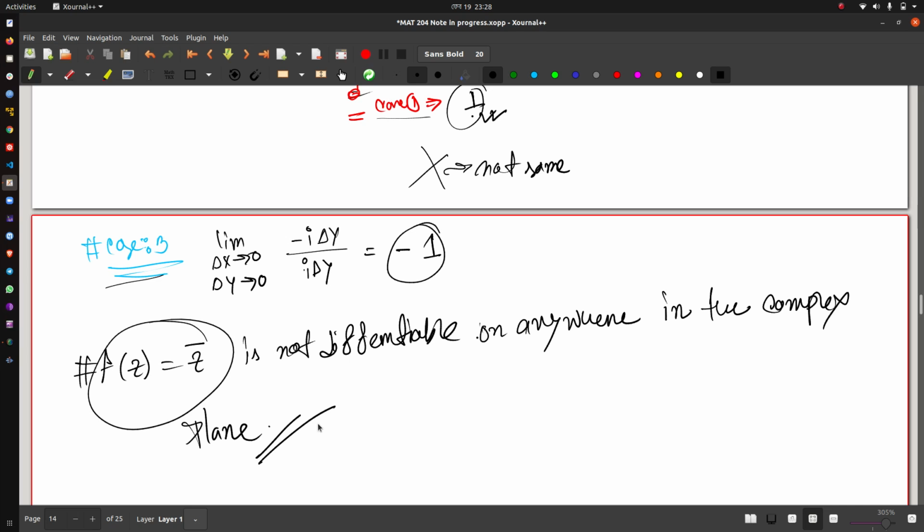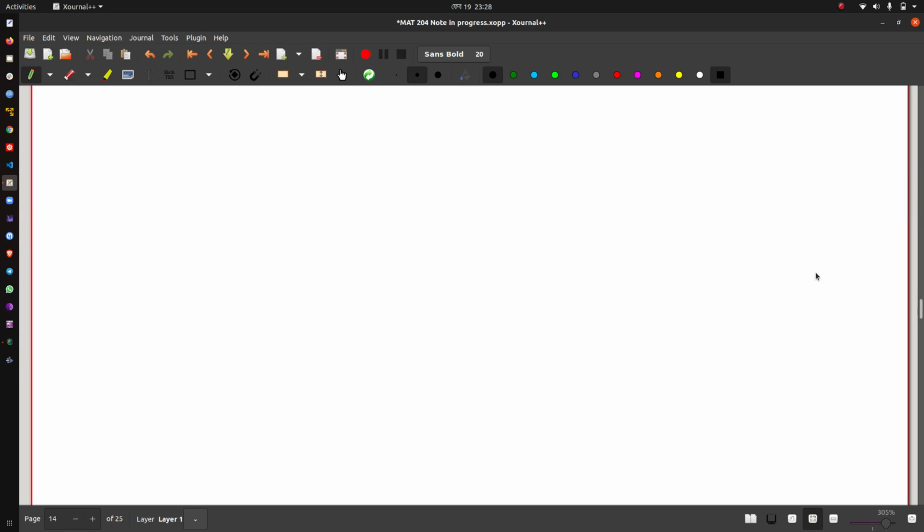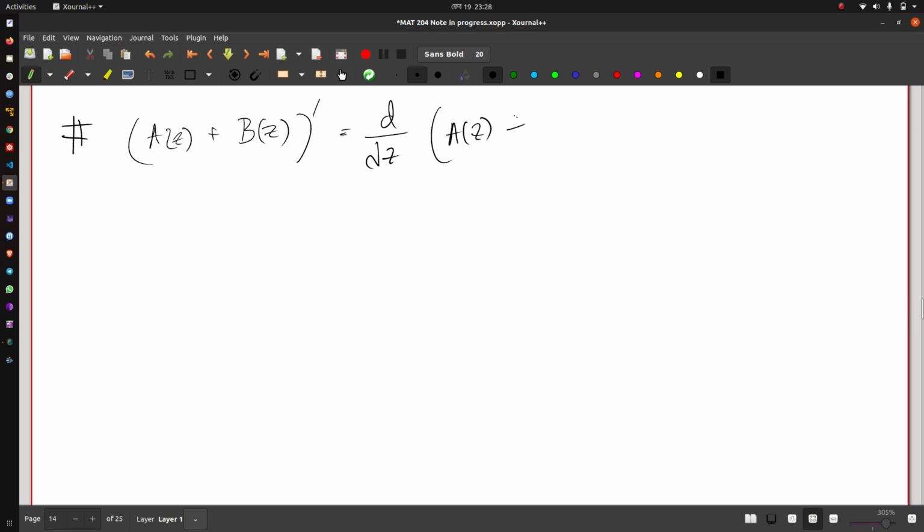And before I finish off, again, I would like to list some properties that you have seen in your real variable calculus. If you have two functions, let's say a of z and b of z, and you want to take the derivative of the whole thing, that means you want to complex differentiate these functions of a complex variable like this.